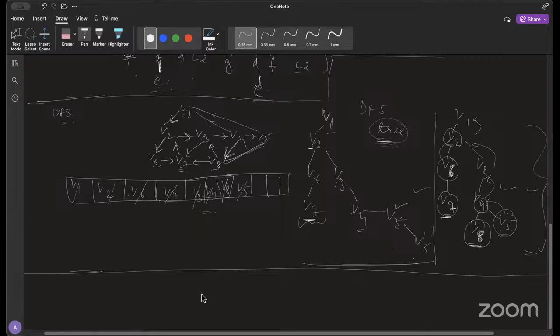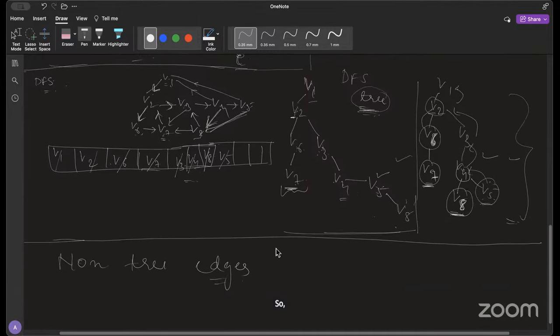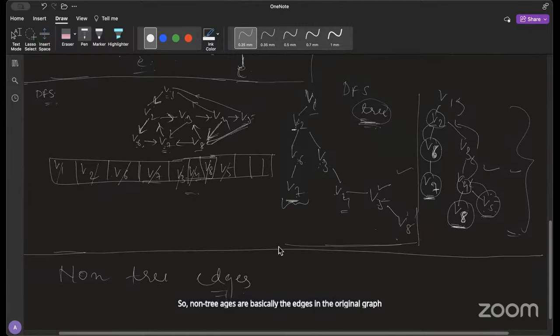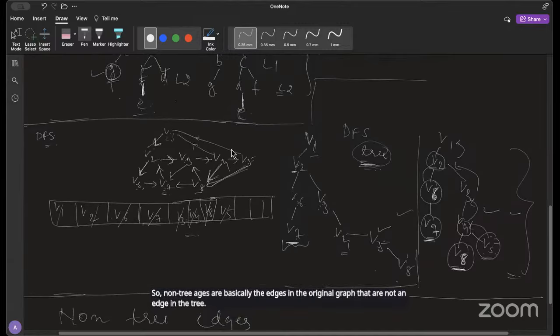Next up we have non-tree edges. For that we'll have to discuss the counter thing. Non-tree edges are basically the edges in the original graph that are not an edge in the tree.